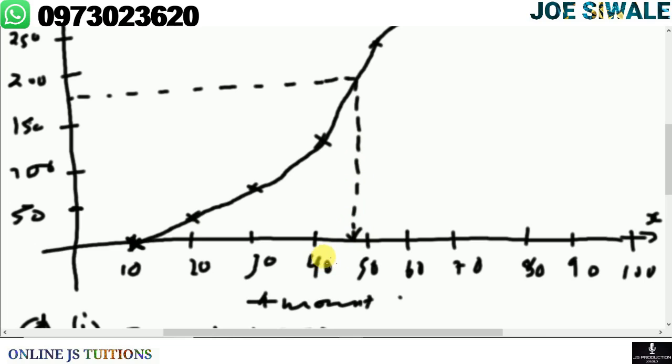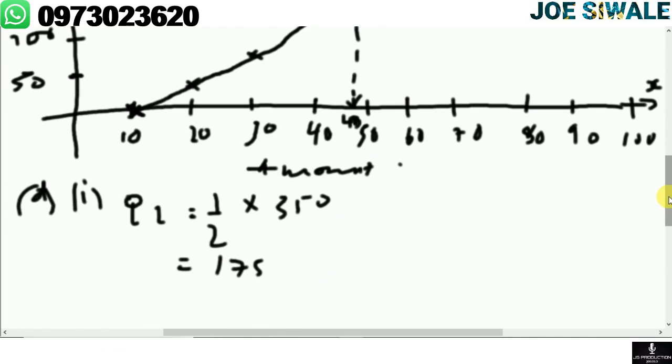And we're also going to estimate that if this is 40, this is 50, this can be 48. So the median there is 48.